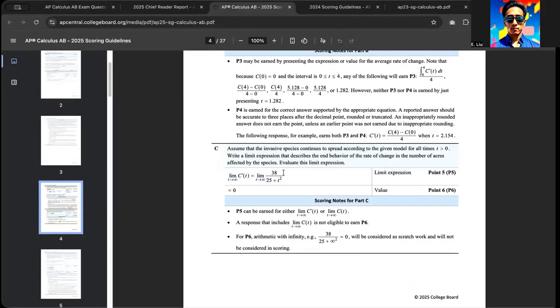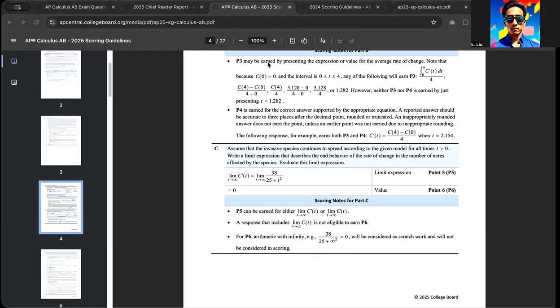We get a point for writing out that limit expression, and we get it equal to zero. Keep in mind, they also tell you what they will not accept. If you forget the limit and just set the algebra equal to zero, that does not count either. We also do not want to take the original function. We want the rate of change to be the one approaching zero.